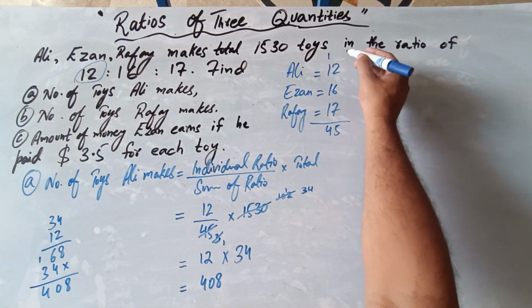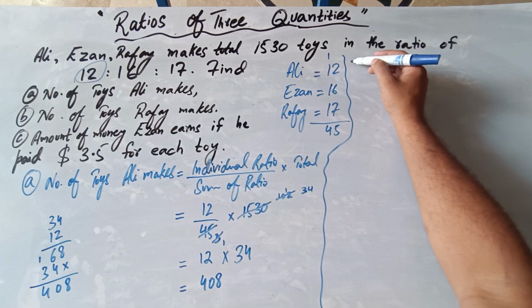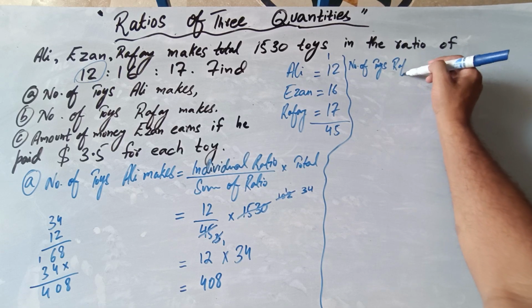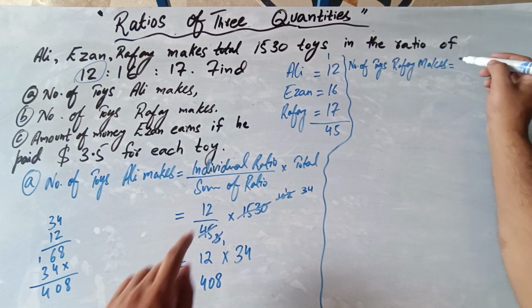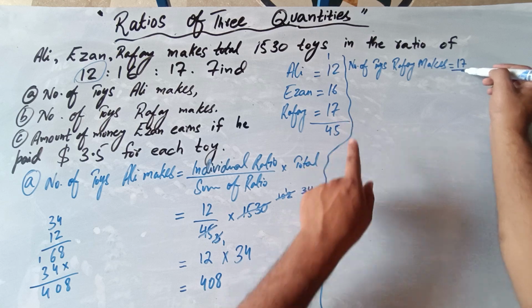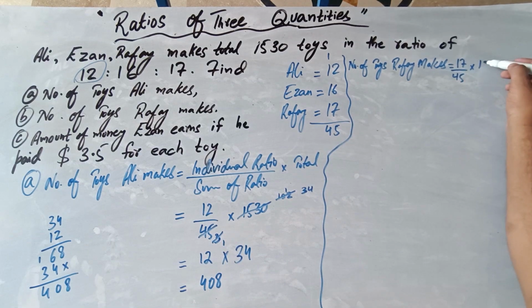Now let's see how many toys Rafe is making. We will use the same formula, individual ratio. For Rafe we have a ratio of 17 divided by 45 multiplied by 1530.